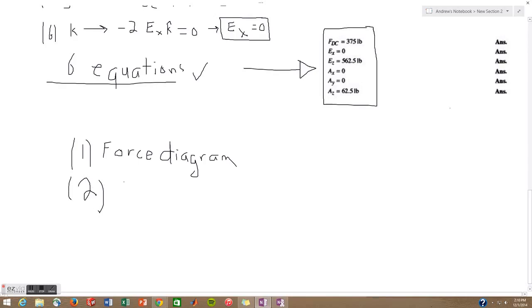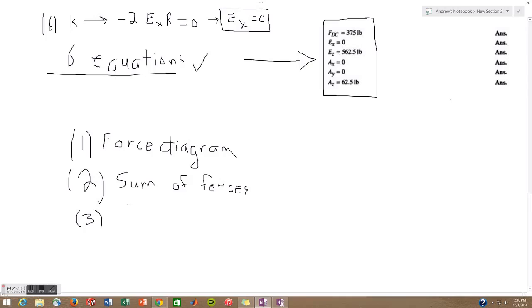Second, you want to solve for the sum of the forces, and that way you can get some equations. So the main goal is just to find how many unknowns you have, and then to receive just as many equations so we can solve for it at the end. And so the sum of the forces will give us our first set of equations.